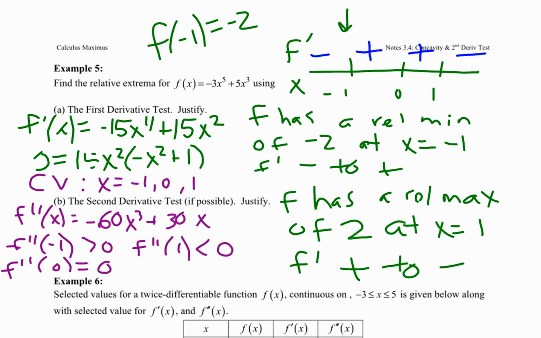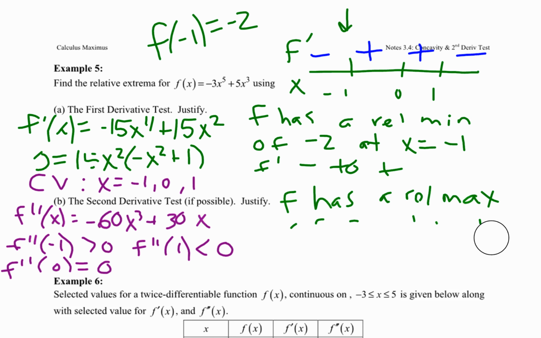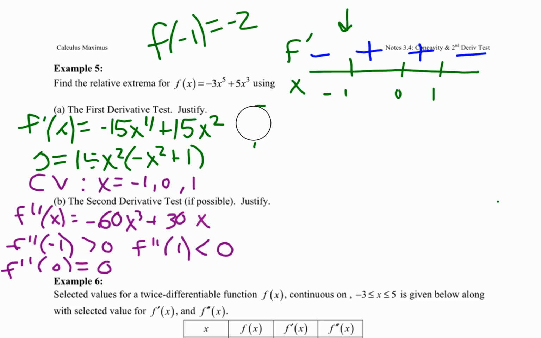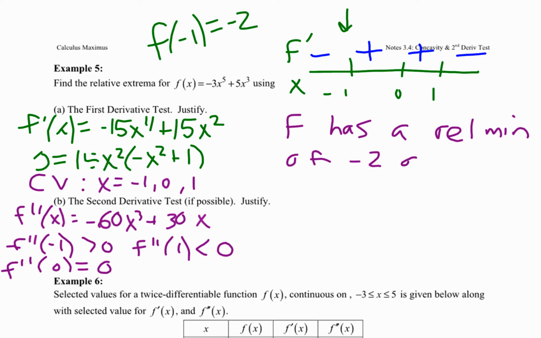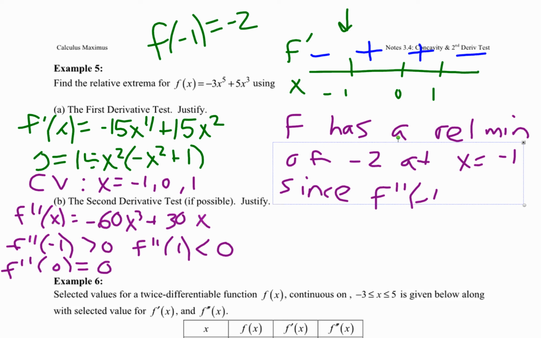So now we're going to have the same answers, but we're going to justify them differently. If we're using the second derivative test, we would say f has a relative min of negative 2 at x equals negative 1, since f double prime of negative 1 is positive.